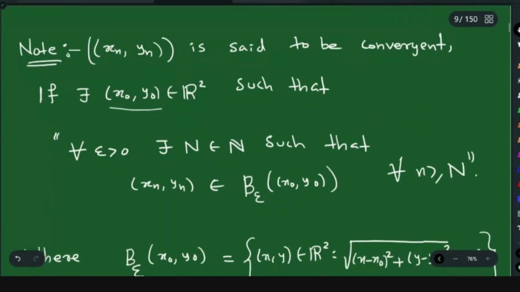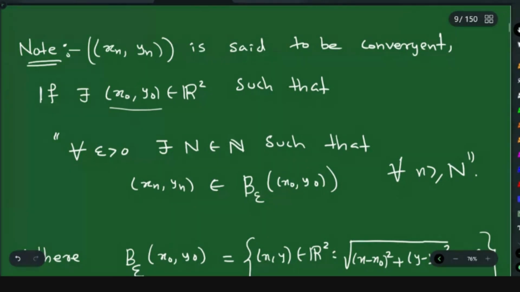For all epsilon greater than 0, you can find some stage, and after that stage, all the points of the sequence (xn, yn) should be in the ball with center (x0, y0) and radius epsilon.